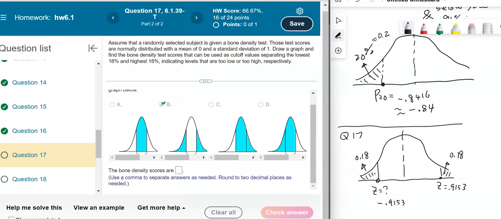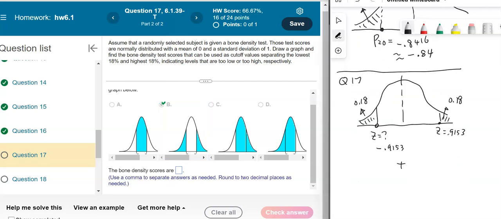So in this case, you have to put plus or minus. Use comma to separate answers needed. Well, we're not gonna do plus minus. We're gonna do one is positive, one is negative. So I'm gonna do 2 decimal.